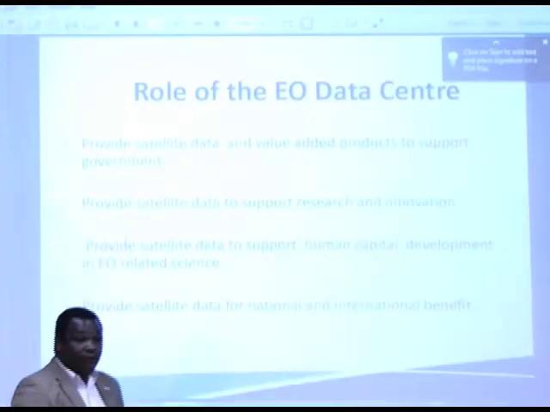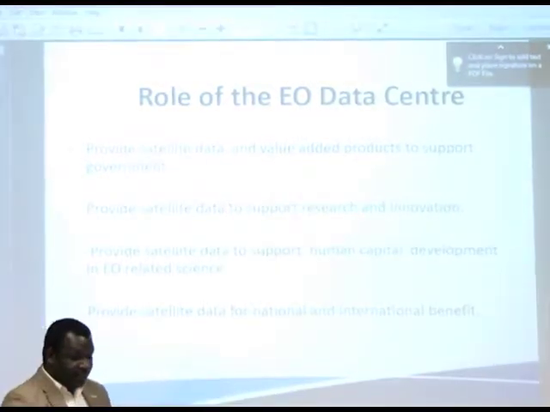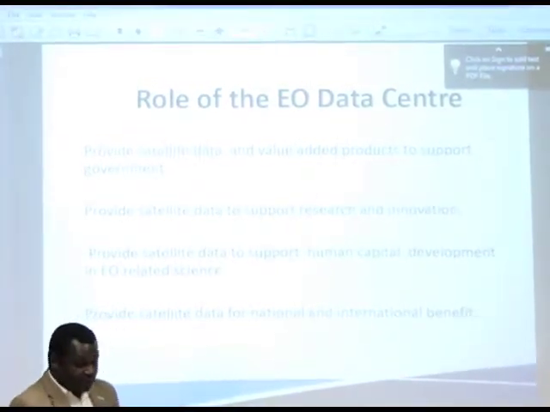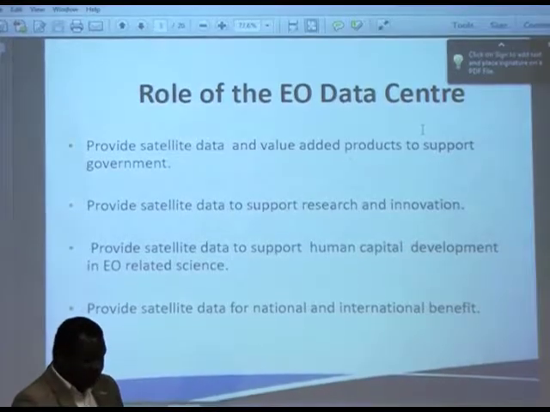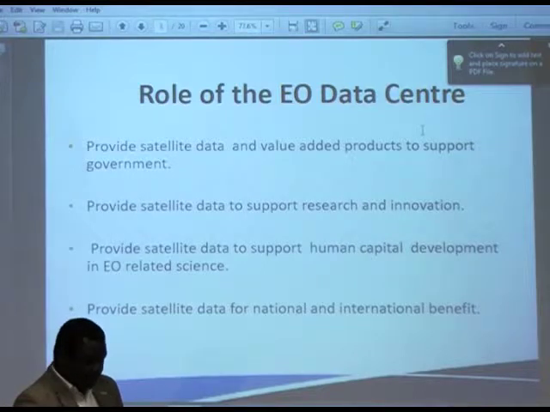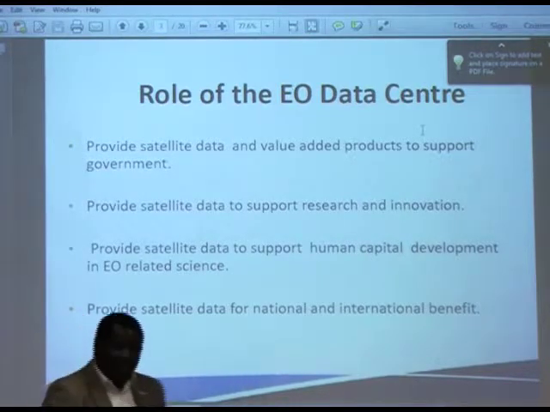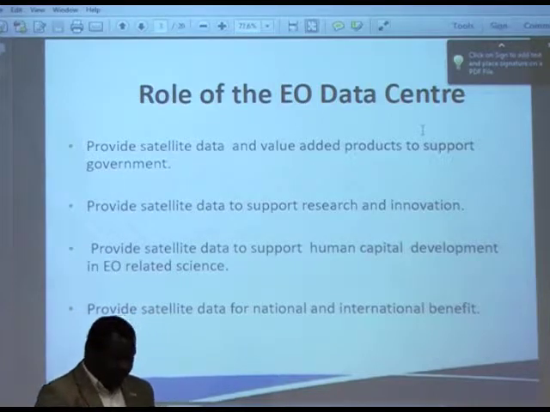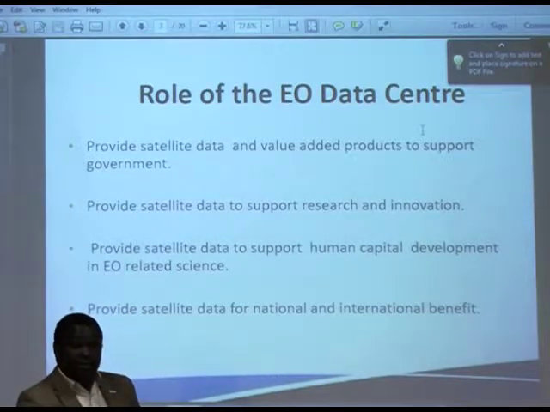So the role of our Earth Observation Data Center is to provide satellite data and value-added products to support government departments, as well as to support research and innovation in the country, and to support human capital development. We are very aware that there are a lot of university students who are doing research.